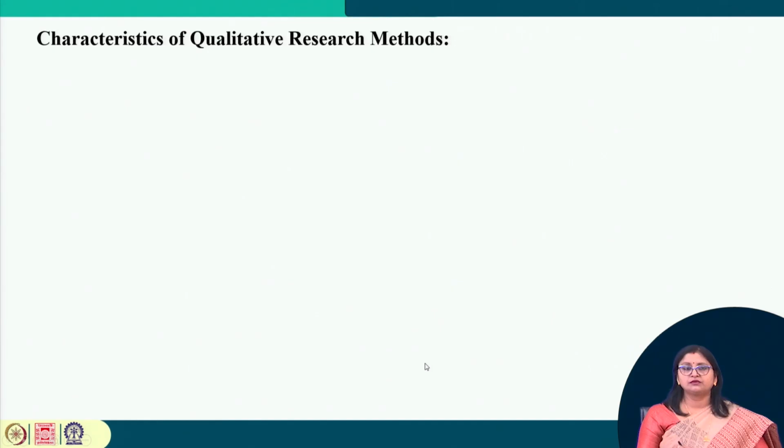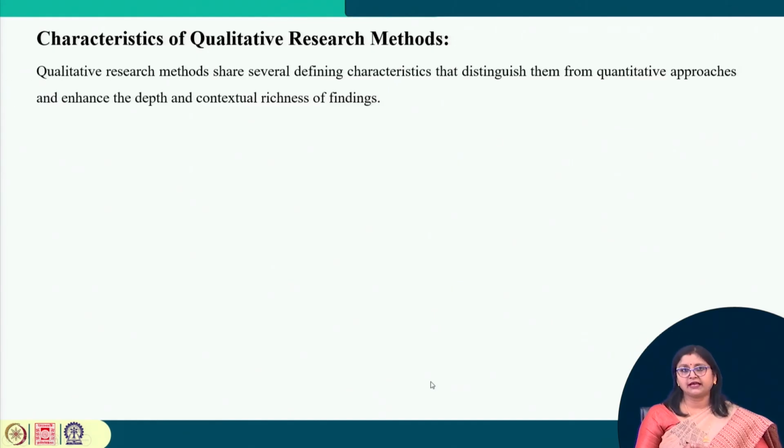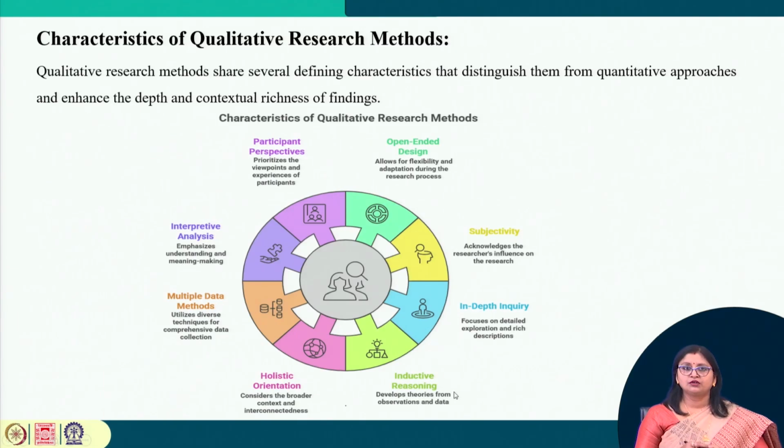So, now we will talk about the characteristics of qualitative research methods. When we are going to conduct qualitative research, there are different defining characteristics, and we will go through this visual of characteristics of qualitative research methods. I have tried to simplify it.